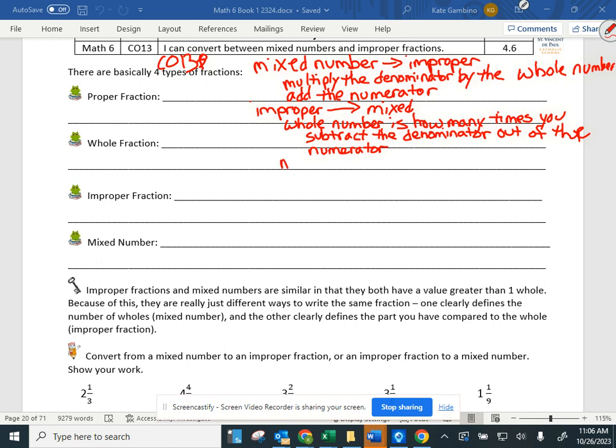Then the new numerator is how many left over. Denominator will stay the same.